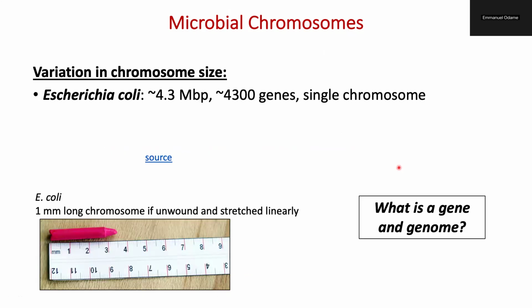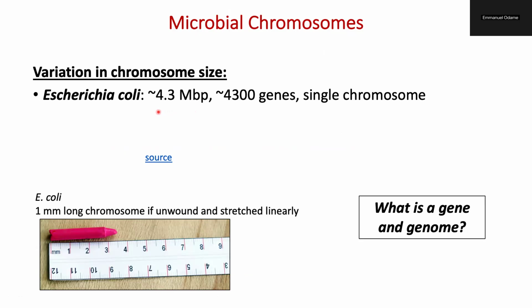So how variable are chromosomes in size? They are hugely variable. For example, if you pick E. coli, the bacterium we have worked with a lot in the lab, it has a single chromosome, with a size of about 4.3 million base pairs, coding about 4,300 genes.